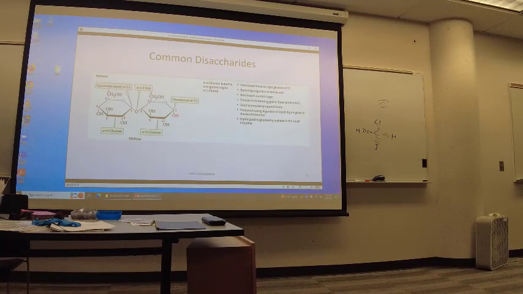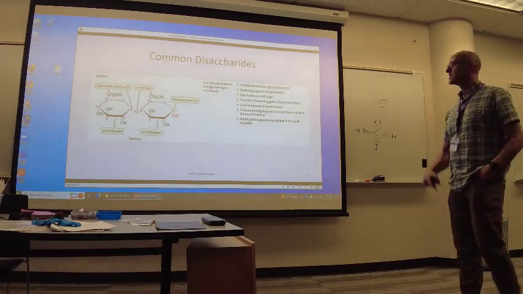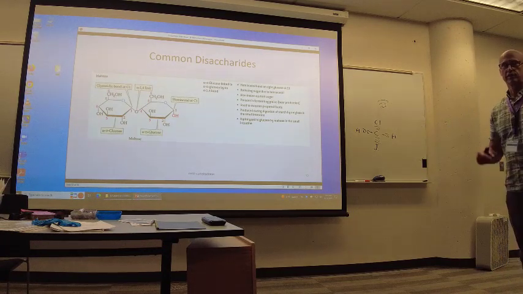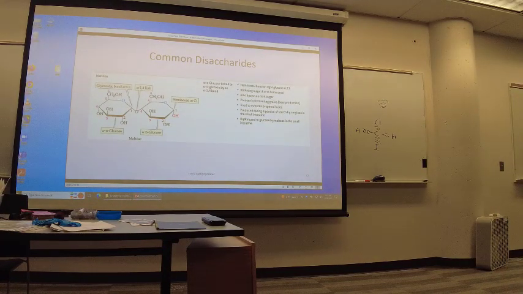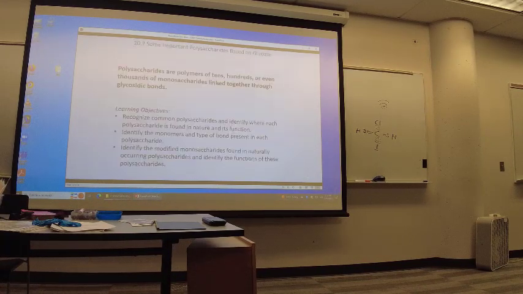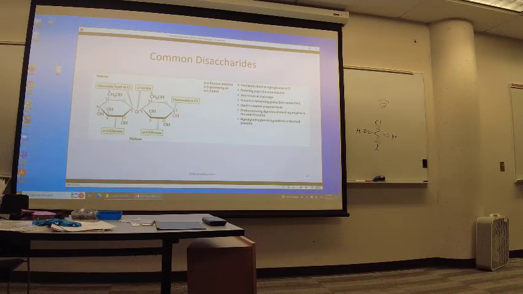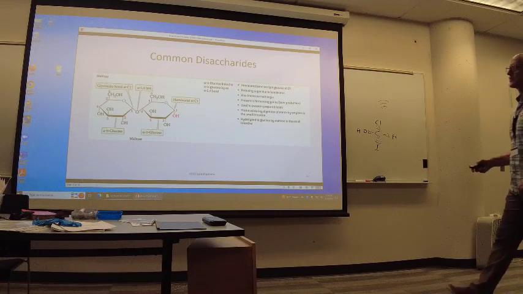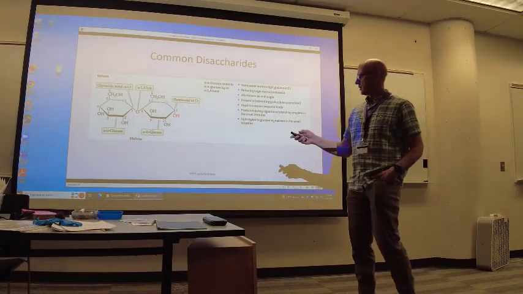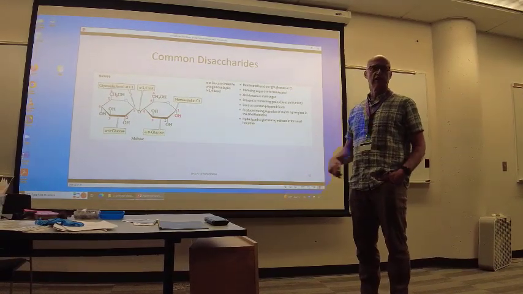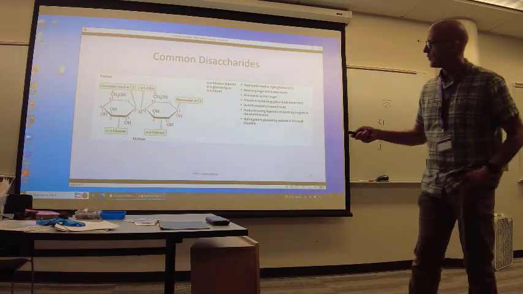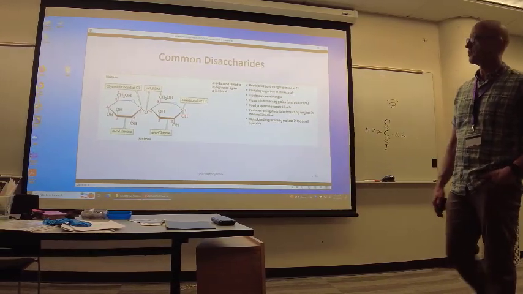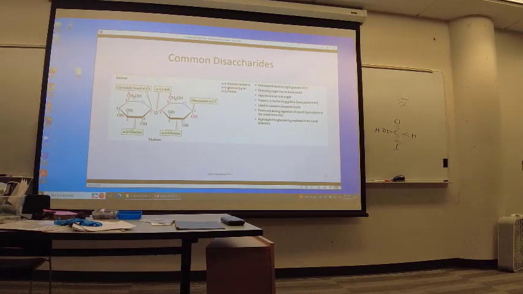And here's the last one, maltose. This is what's found in fermenting grains. So it's found in a lot of alcoholic beverages. Just thought we'd teach you a few so you just know some names and know what they are. That's all I'm going to ask of you at this point. I might come back and show you a little bit more about this alpha-beta linkage, but we'll save that till after the test. Like how those things lock across there, because it's going to be pertinent to how all this forms.